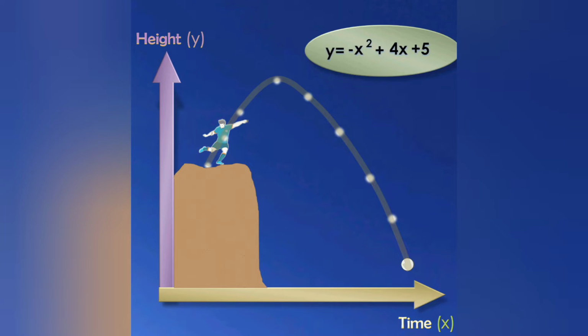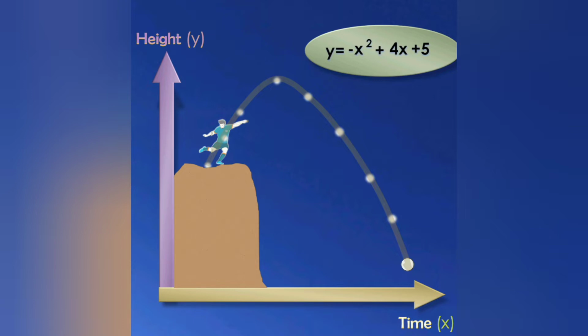Now I want you to look at this equation of a football which is going up and hitting the ground. You'll see the equation as y equals minus x square plus 4x plus 5. Now if you write this equation equal to 0, all of a sudden it becomes a quadratic equation.